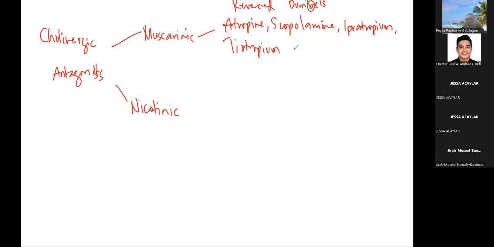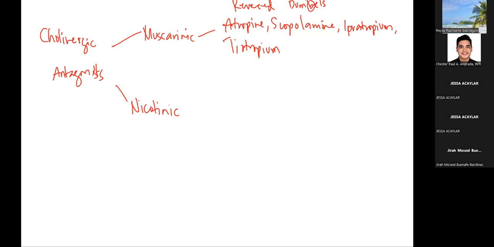Okay? And then we have other drugs, our drugs for involuntary voiding, the urinary incontinence drugs, like oxybutynin, and some less common drugs, even the imipramine, which is actually an antidepressant drug, but it is able to bind to the muscarinic receptor and can act as an antagonist.